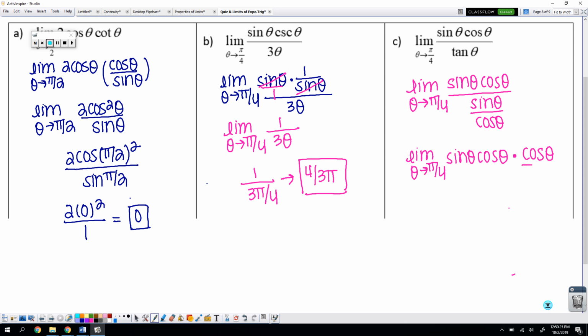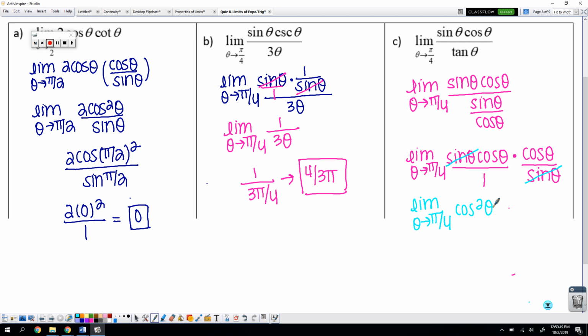So cosine theta over sine theta. Now what's really nice is I can put this over 1 and then I can actually simplify the sine. So we have sine theta and sine theta. And then you just have the limit as theta approaches pi over 4 of cosine squared theta.